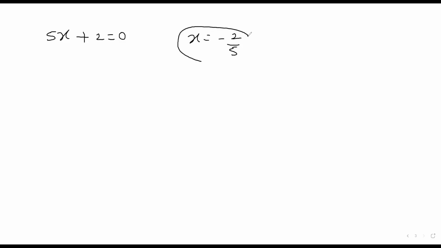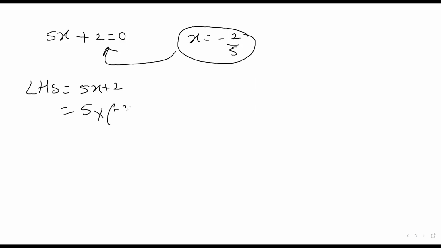If you put the given value of x in the given equation, you should be getting LHS is equal to RHS. Check करा. What is LHS? 5x plus 2. हे लिनियरचं एक्झाम्पल देतोय मी. मग x च्या जागी काय तुम्ही सबस्टिट्यूट करणार? Minus 2 upon 5 substitute करना. So 5 into minus 2 upon 5 plus 2. 5 cancel, minus 2 plus 2 is 0, which is RHS.